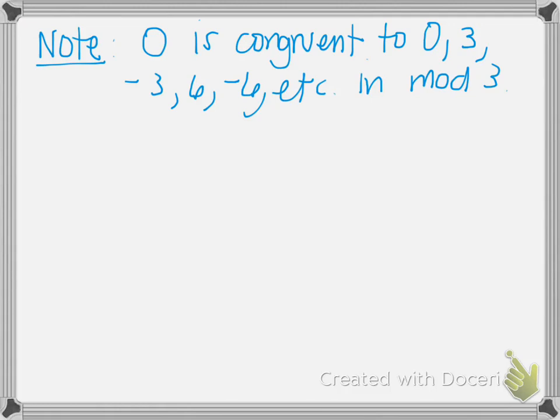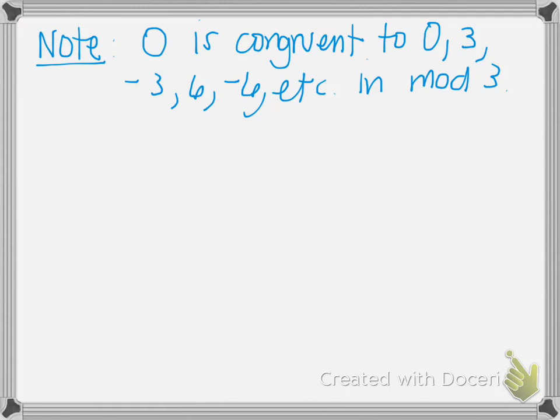If you think about that, 3 divides 0, so 0 is congruent to any of those numbers because 3 will divide them. In fact, 0 is congruent to every multiple of 3 in mod 3.